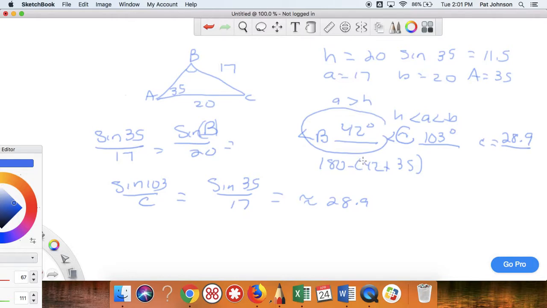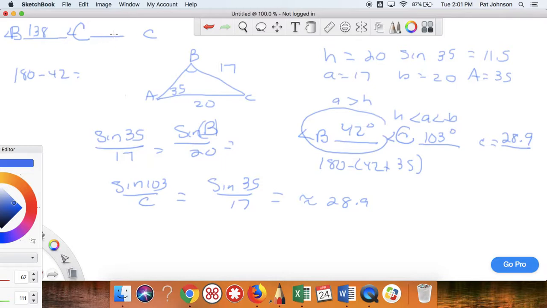Now we need to find the obtuse case. We take B, the unknown angle across from the side given, and subtract that from 180. Again we have to find angle B, angle C, and little c. But now we use 138, because we take 180 minus 42.